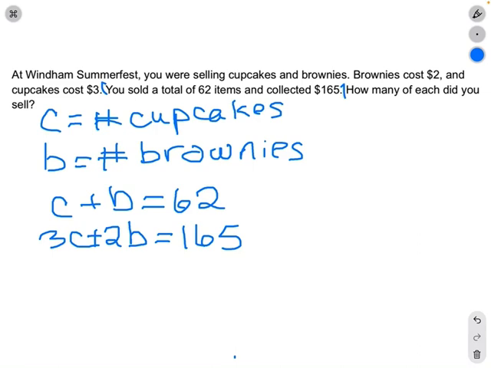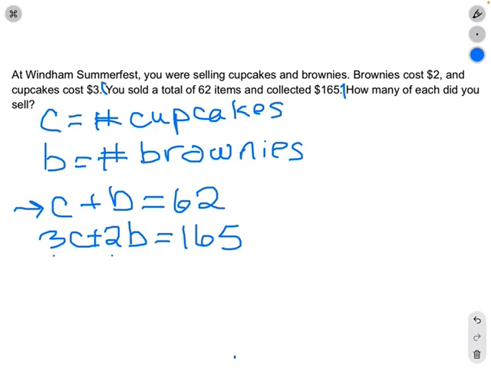All right, so now we have a system, two variables, two equations. We can't just do substitution or elimination here because we don't have any twins and we don't have a variable by itself. But I'm going to use this first equation, and I'm going to get the B by itself, I guess, because I'd rather multiply by 2 than multiply by 3.